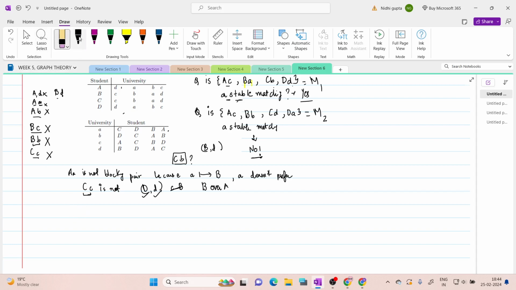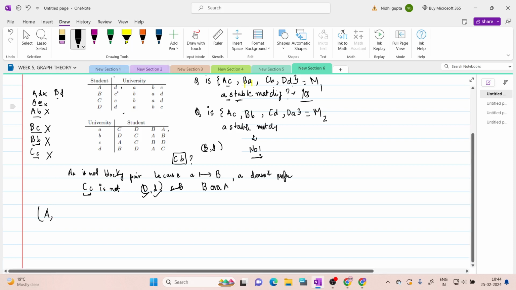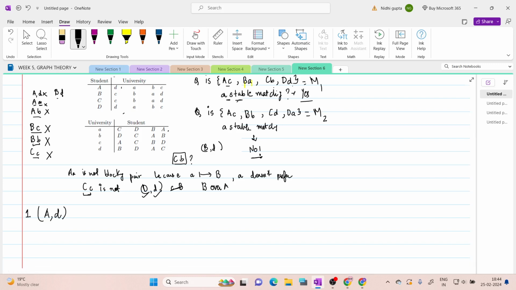We start with the first free student. Free student means someone who has not been assigned any university yet. Since we are starting this algorithm, A is free. So our first pair will be A, and the preference of A is D. So A and D will become the first pair.